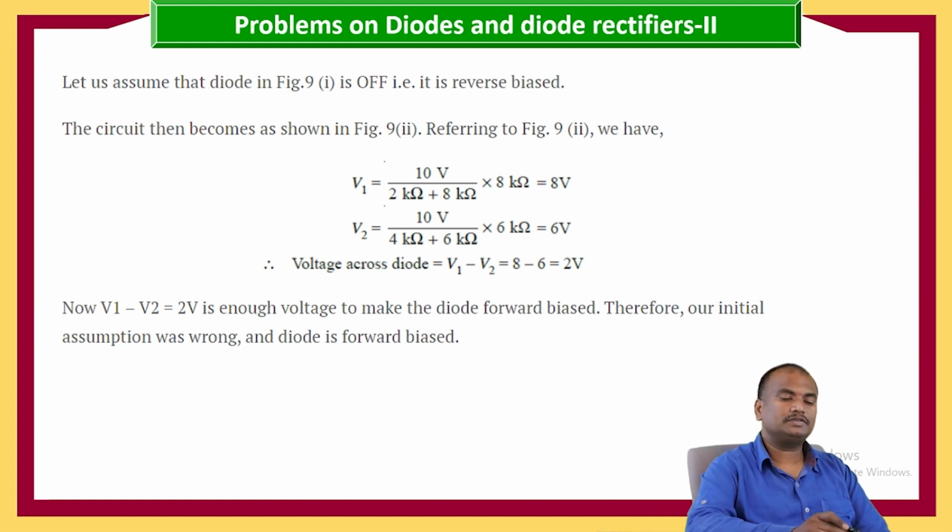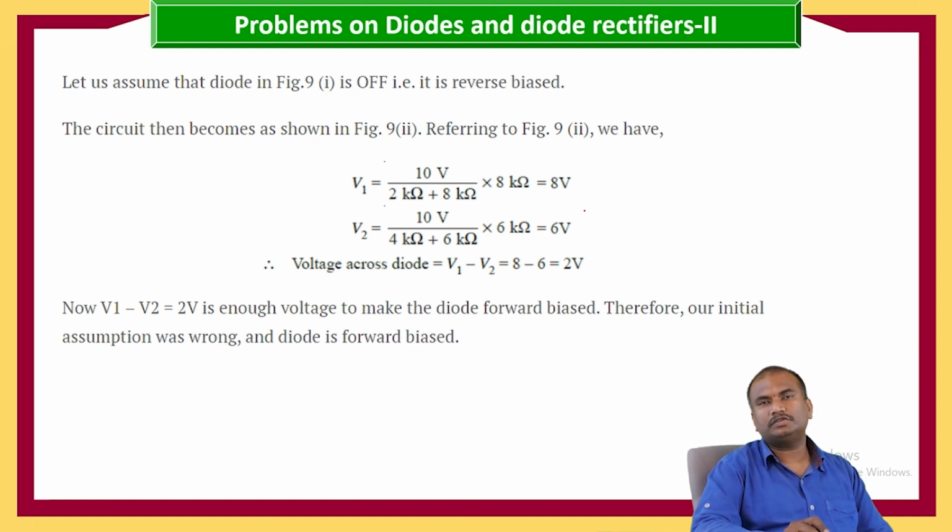So V1 is equal to 10 by 2 kilo ohms plus 8 kilo ohms into 8 kilo ohms, that is equal to 8 volts. And V2 is equal to 10 volts by 4 kilo ohms plus 6 kilo ohms into 6 kilo ohms, that is equal to 6 volts.